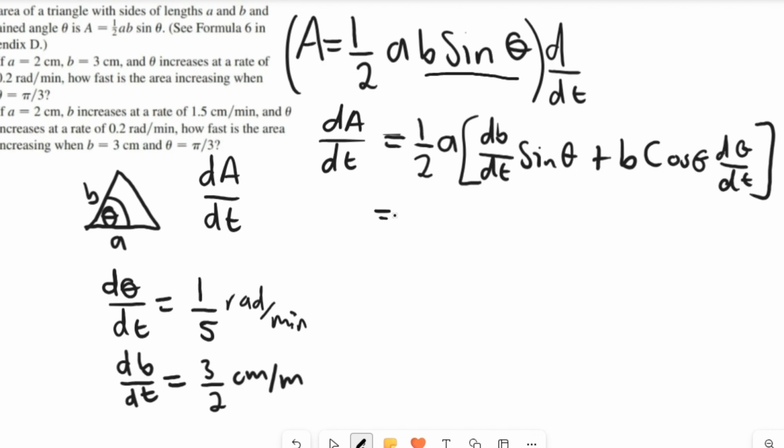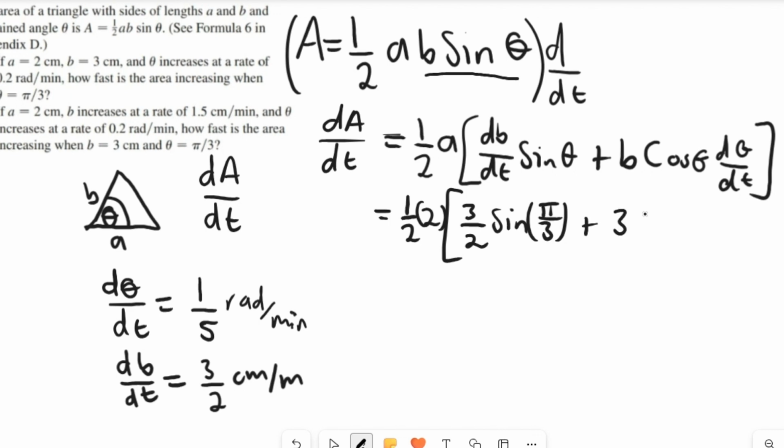Now we will have here 1 over 2. A is 2. And then here you have what? This is just 1. Here we have dB dt, they gave you there, 3 over 2, sine of pi over 3. Theta is pi over 3. Plus, B is given by 3.